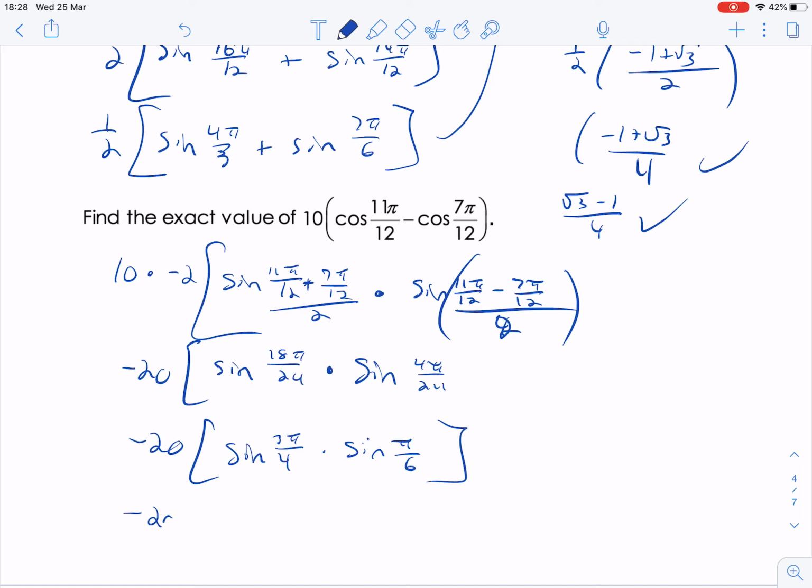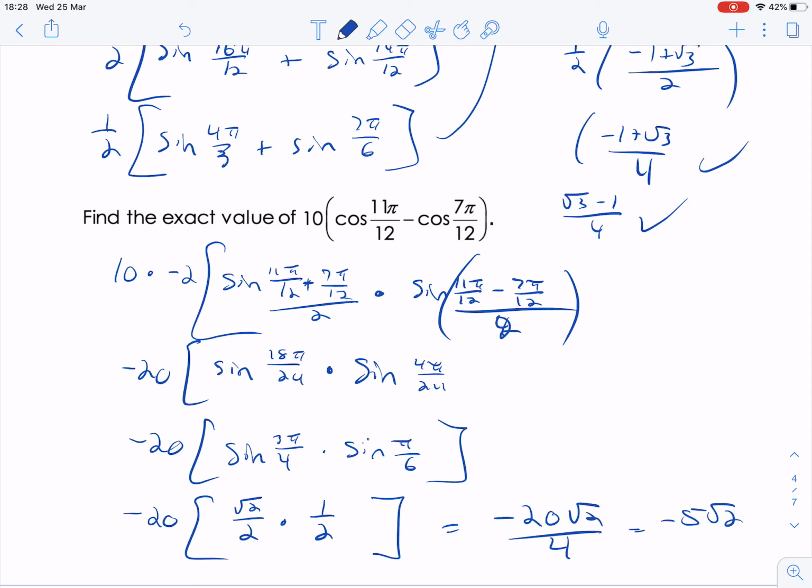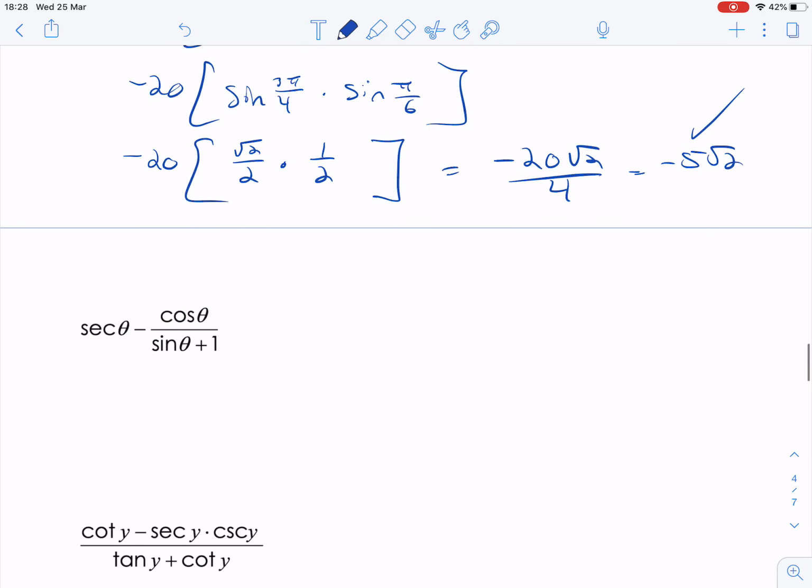So negative 20 times sine of 3 pi over 4, which is square root of 2 over 2, in the second quadrant, so it's positive, times sine of pi over 6, which is 1/2, first quadrant. So we get negative 20 square roots of 2 all over 4, which is negative 5 square roots of 2. Whew! My arm is tired.